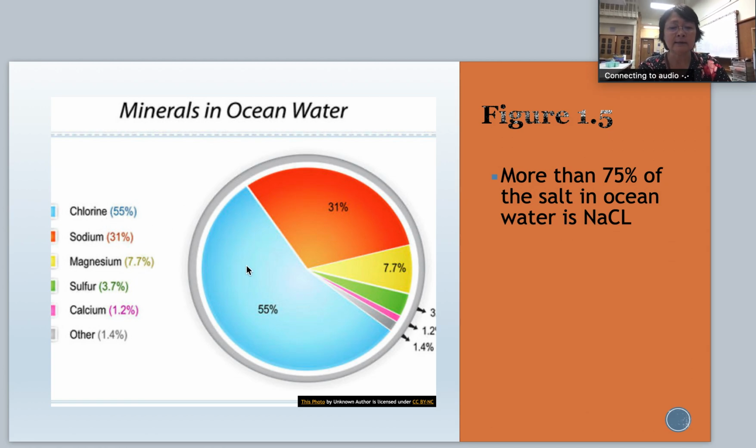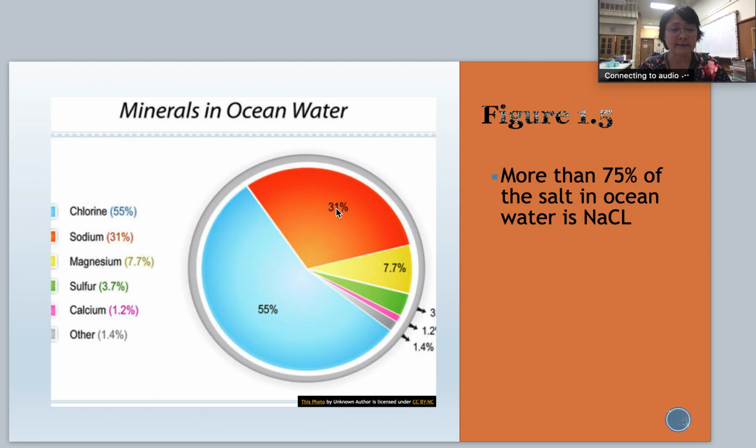Chlorine, Cl, is 55%. Sodium is 31%. Magnesium, 7.7%. We have elements of sulfur, calcium, and others listed in very small percentages.